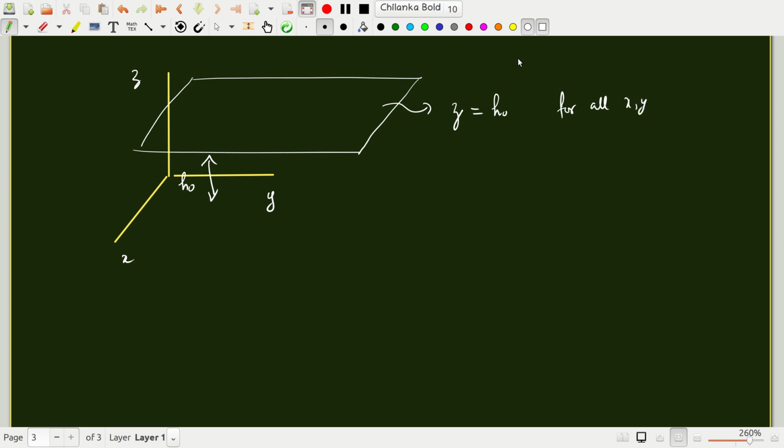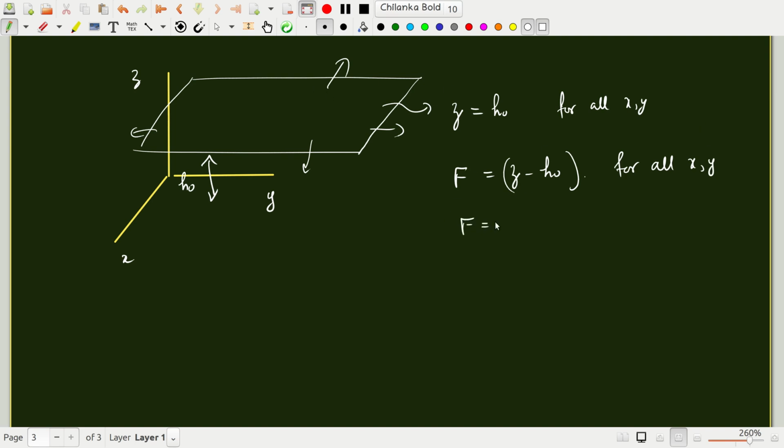I'm assuming that it's extending everywhere in both the x and y directions. So let's not worry about the finite aspect of the interface, although in my schematic it appears like a finite sheet. Okay, so for all xy, I can define my function f as z minus h0. So what does it mean?